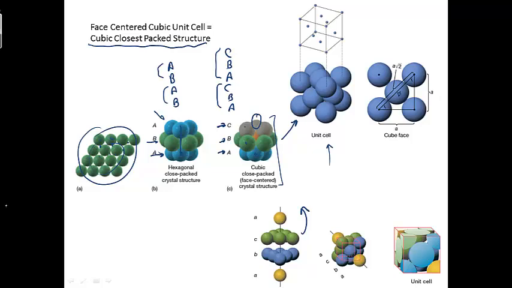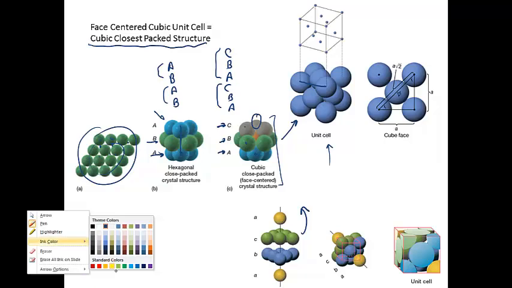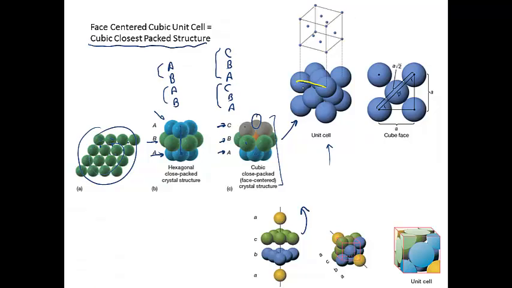Like the body-centered cubic unit cell, there is a relationship for the face-centered cubic unit cell with the volume of the unit cell, the edge length, and the radius of the atoms. If you take the face of the unit cell, the atoms along the face are touching, and so the diagonal there is equal to 4r.